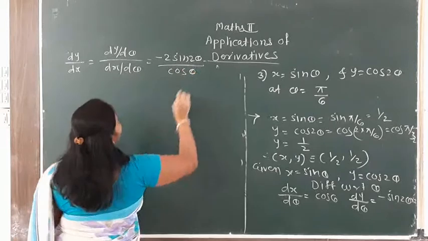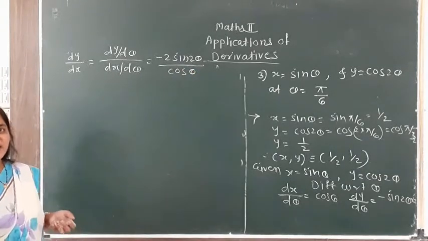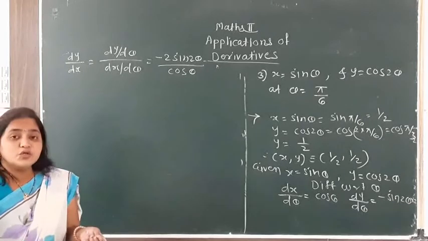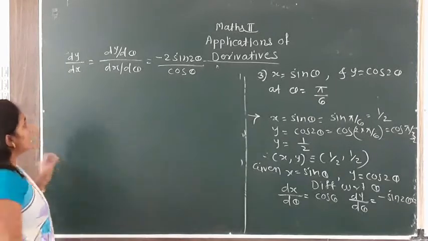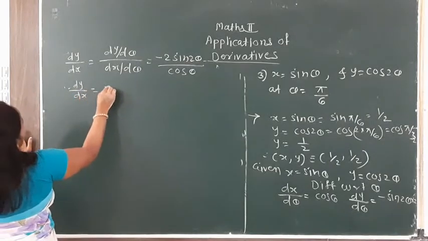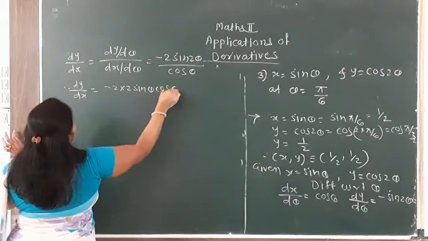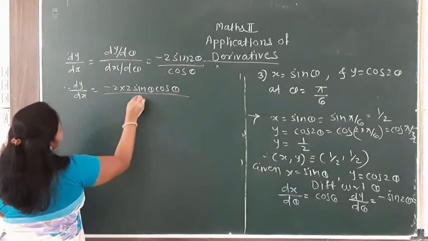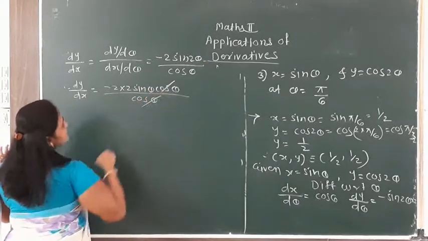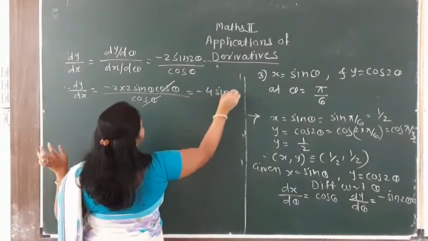Now simplify this. We can use the sin 2 theta formula, which is the multiple angle formula, 2 sin theta cos theta. So dy by dx is equal to minus 2 multiplied by 2 sin theta cos theta divided by cos theta. Now this cos theta is cancelled. We get minus 4 sin theta.